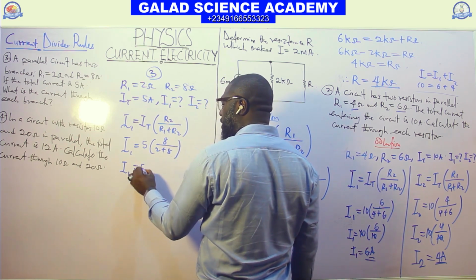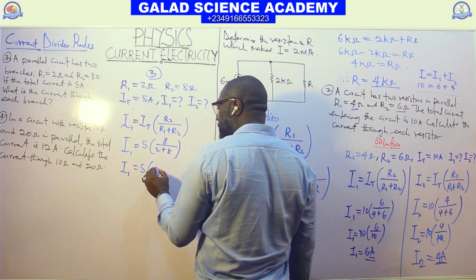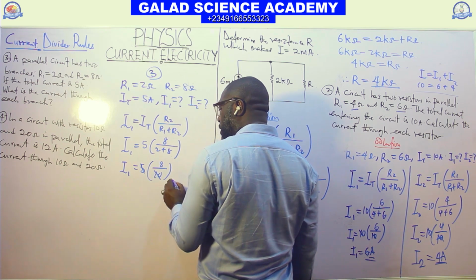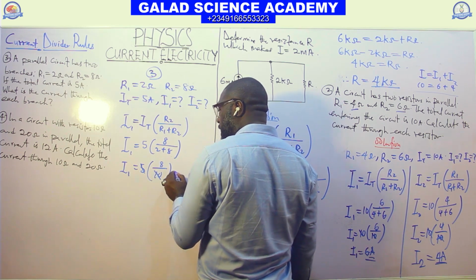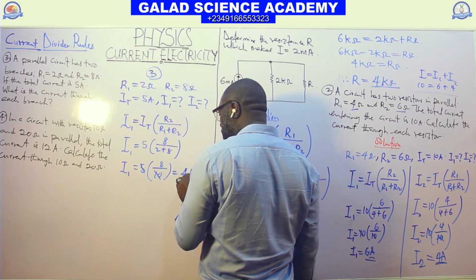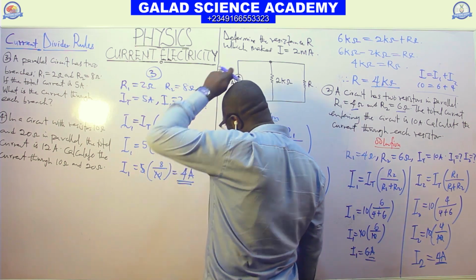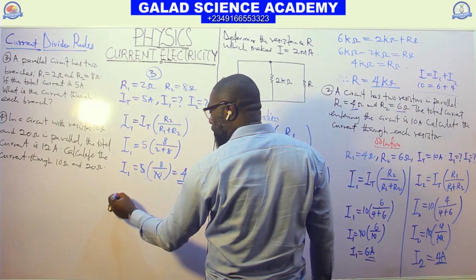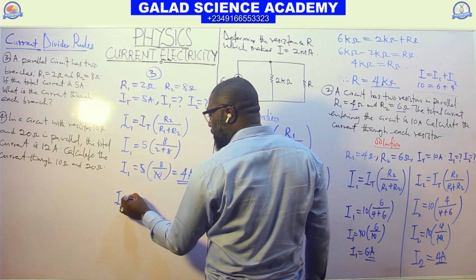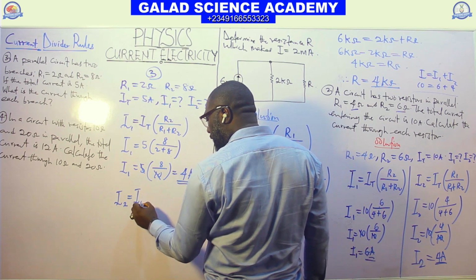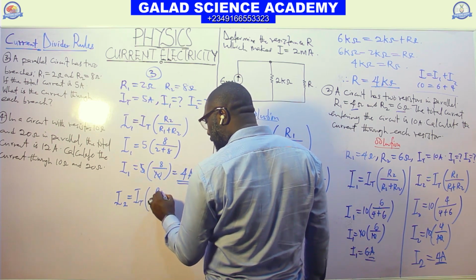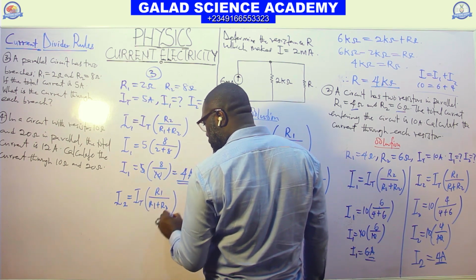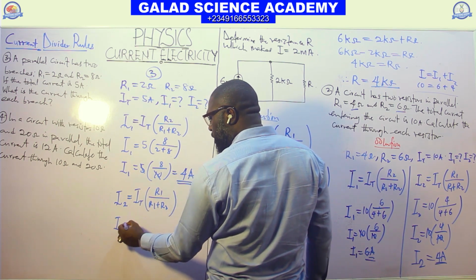I1 should be 5 into 8 over 10. 5 goes into 10 twice, 2 goes into 8, you are left with 4 ampere. That is I1. So what is I2? I2 will be I total into bracket R1 over R1 plus R2.